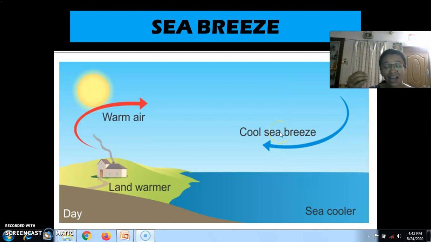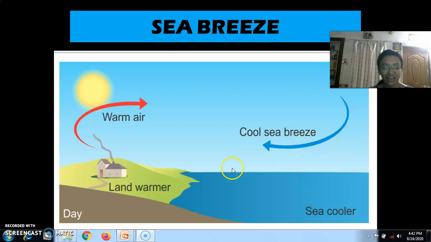This cooler air has higher density and warmer air has lower density. Due to this density difference, the cool air from the sea moves towards the land and the hot air from the land moves towards the sea. This is called sea breeze.